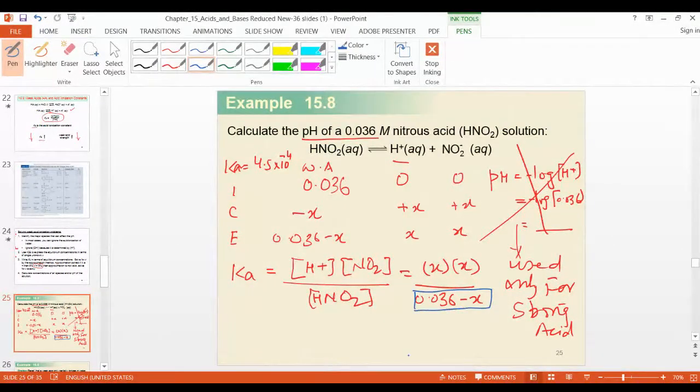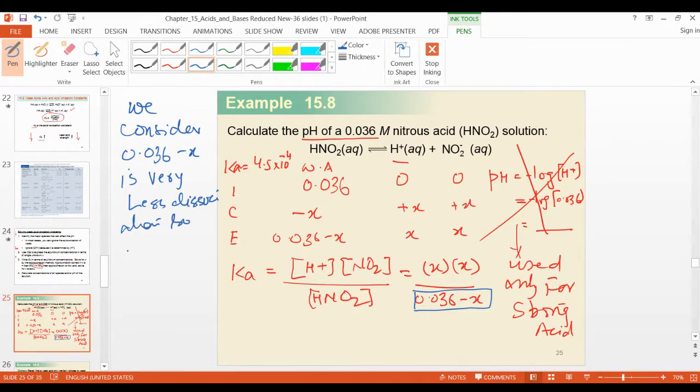Now from this point, there is an extra point: in this case, the minus x portion means very little dissociation. So we consider 0.036 minus x as very little dissociation, so we delete x from here and consider only 0.036.